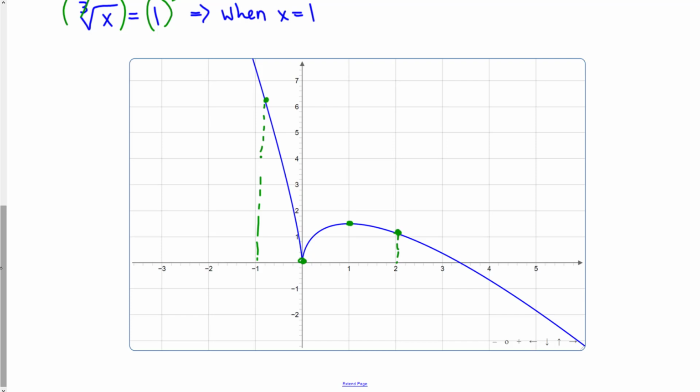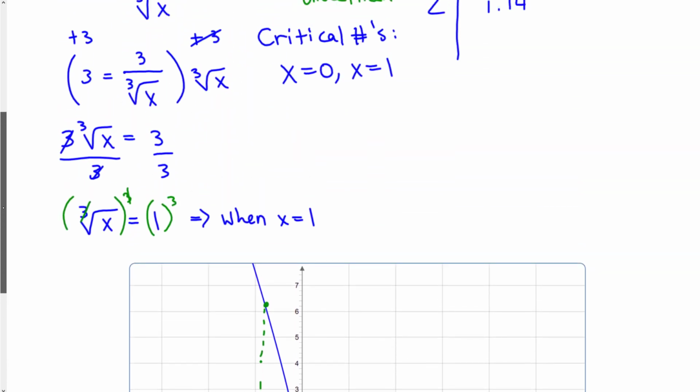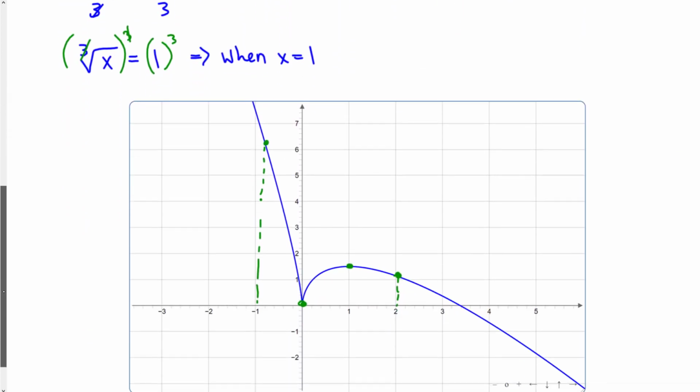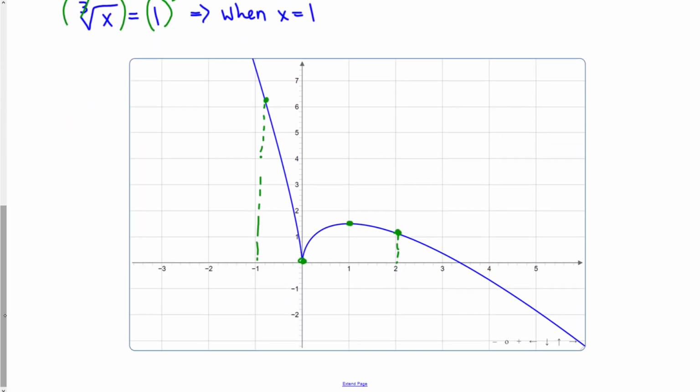Now, I don't think I did a very good job of drawing that line straight up from -1, because it was the highest overall and it was 7.5. I've got it more at like 6, but I think if I did it a bit more straight, I would have gotten the 7.5. So try it again. So anyway, this is at about 7.5, and that was my highest overall.